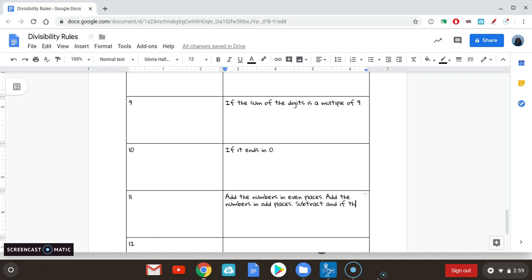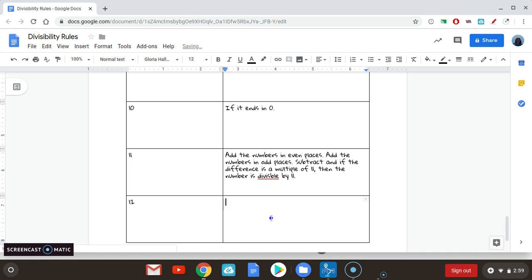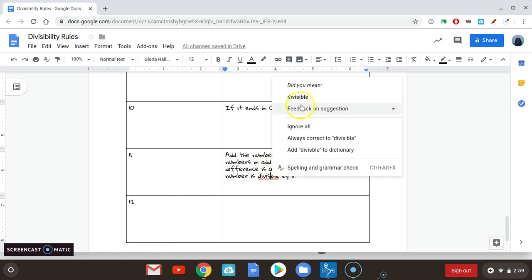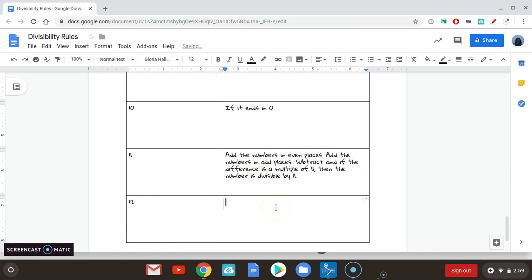If the difference is a multiple of 11, then the number is divisible by 11.